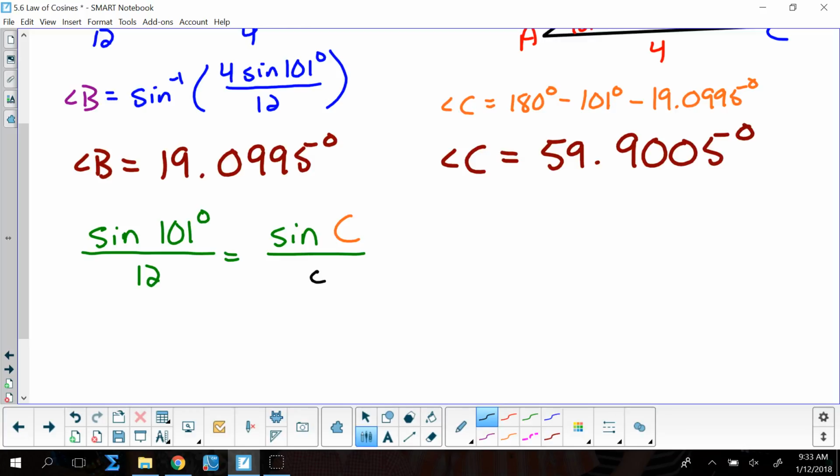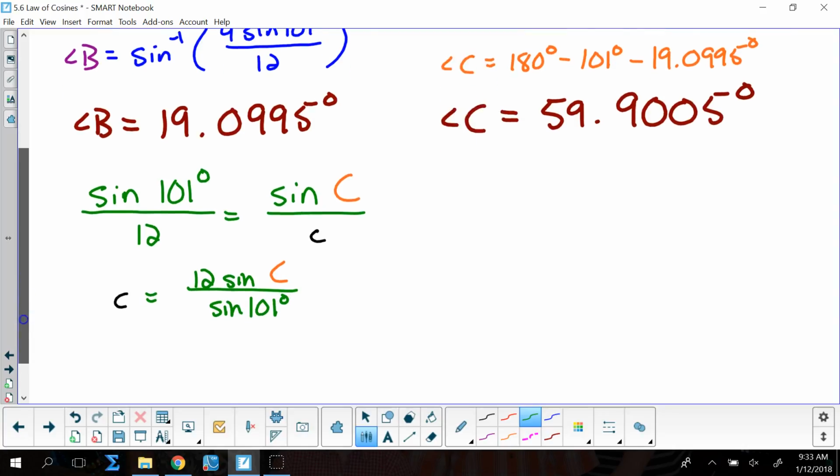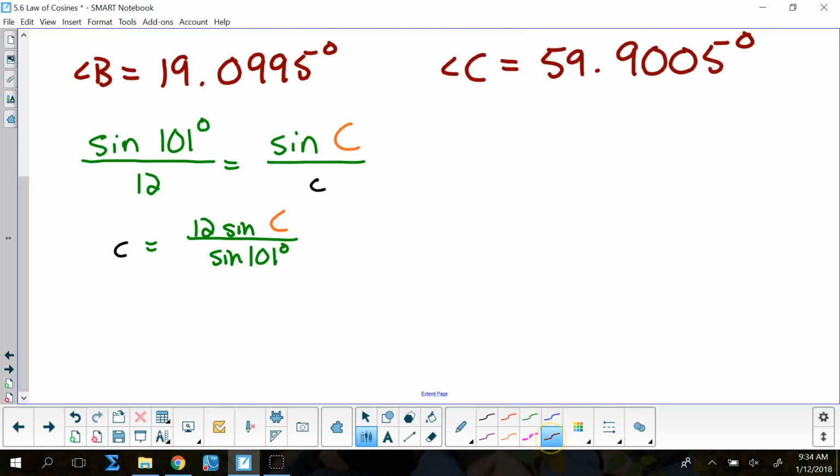So then I'm solving in this case for side C. So side C would equal 12 times the sine of angle C divided by the sine of 101 degrees. When I do that, I get side C is 10.5762.